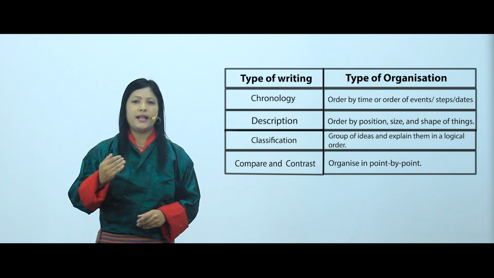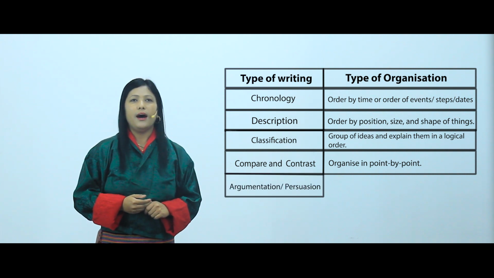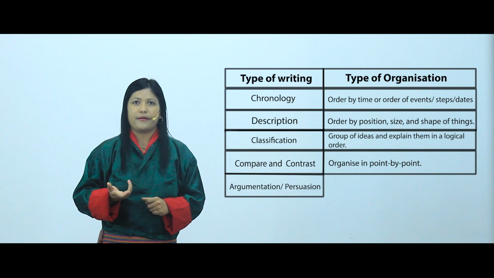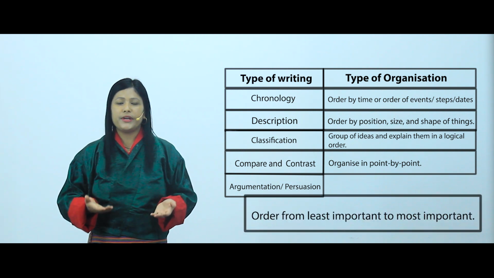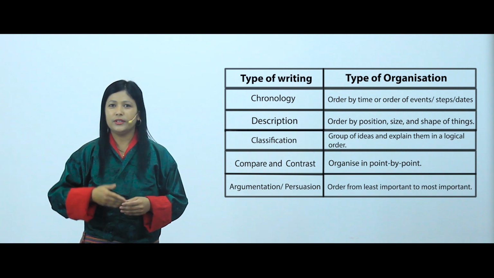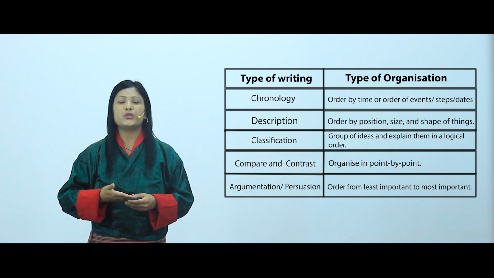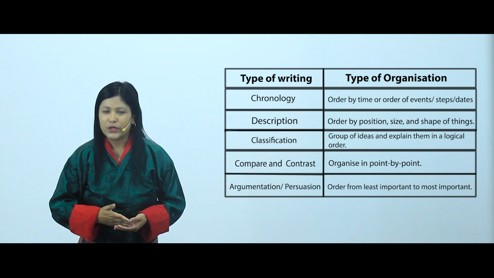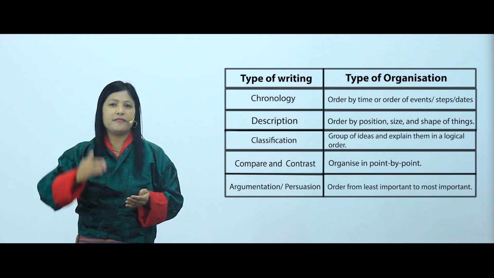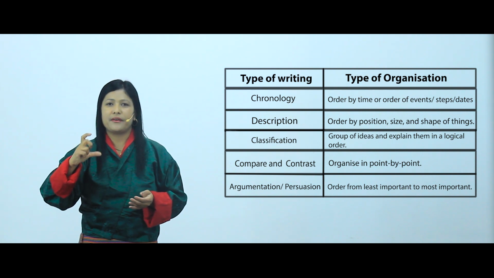The next or the last one is argumentation or persuasion. If you're writing a paragraph on that, you have to arrange the least important one at the initial or beginning and the most important at the end. So if you follow these steps, you will definitely have a very coherent paragraph written.